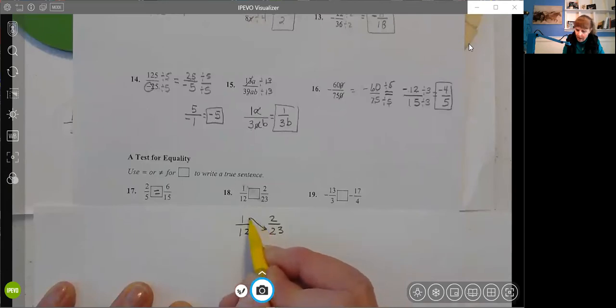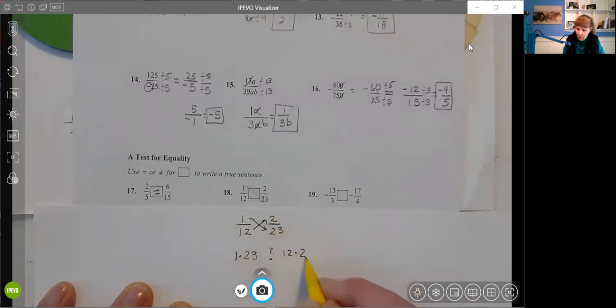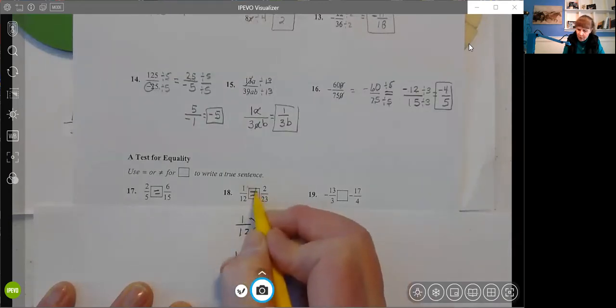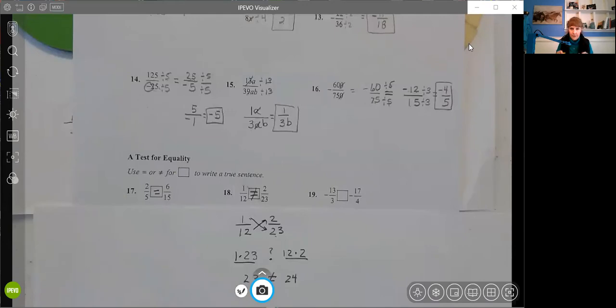We're going to take 1, this numerator times that denominator. 1 times 23. How does that compare to 12 times 2? This is 23. This is 24. They're not the same. These fractions do not represent the same amount.